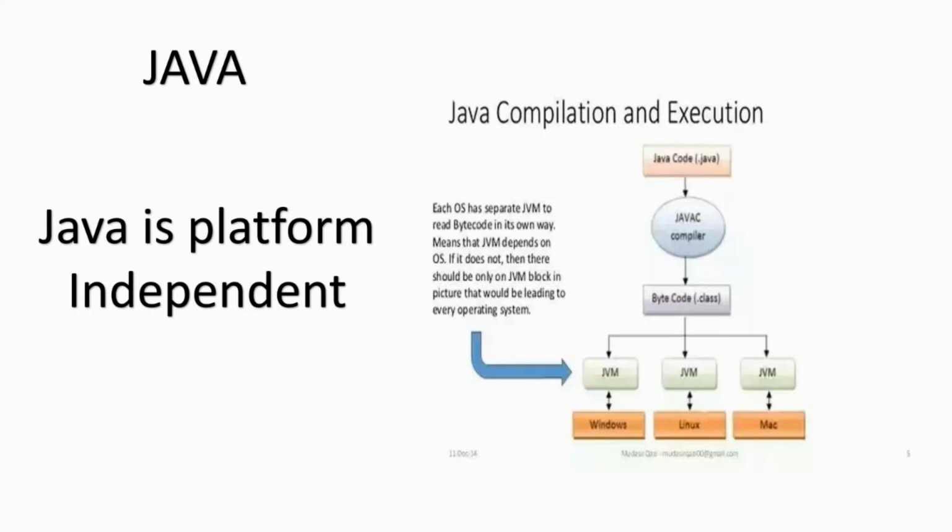I've just written a code in Java, and here you have a Java compiler, where you are going to get dot class files. Whatever code you write in Java, you will get dot class files. You call this bytecode.